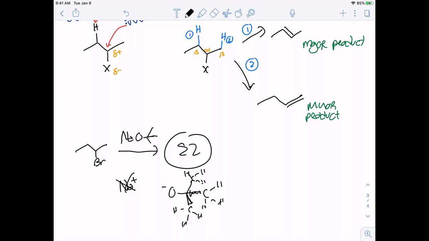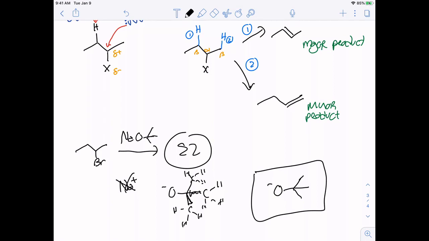So even though it's charged, let me redraw it here so it's not so messy. Even though it's charged, it's really tempting to look at it and say, okay, it's a good nucleophile. We said good nucleophiles were charged, and then this is secondary, and think, okay, it could go SN2 also. No. Big and bulky, if it's sterically hindered, that was one of our trends where basicity and nucleophilicity no longer coincide. If it's sterically hindered, it's going to be a stronger base than a nucleophile.